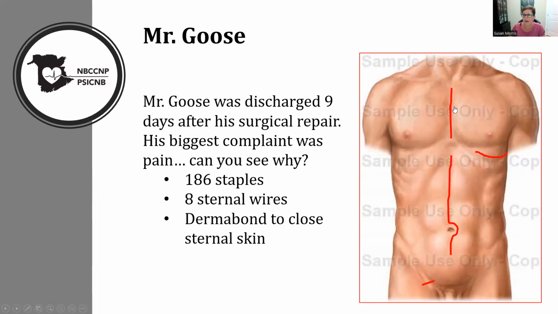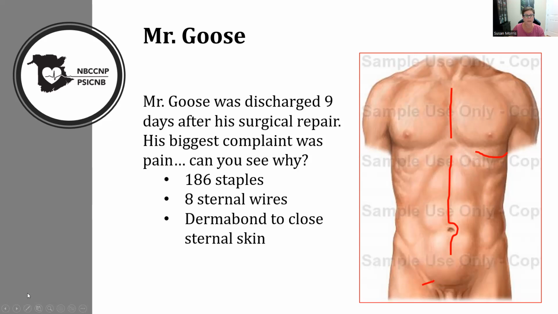My goodness, he had a sternotomy, he had a thoracotomy, and he had a large abdominal incision. He also had a groin incision and a right leg incision. So yeah, this guy had a huge reason to have a lot of pain.